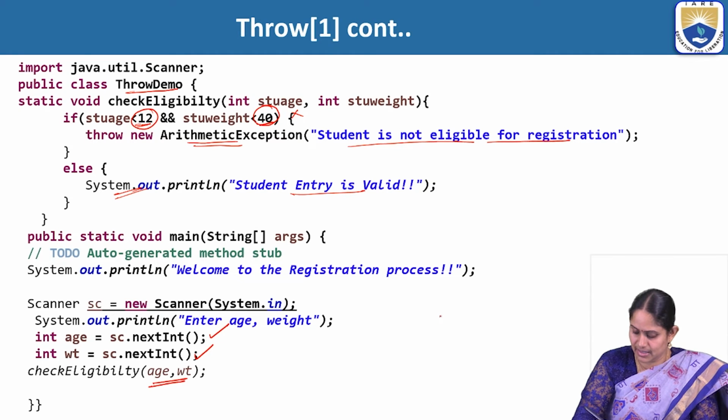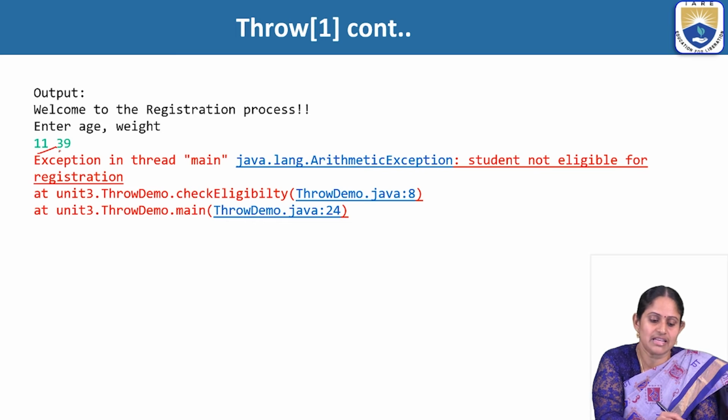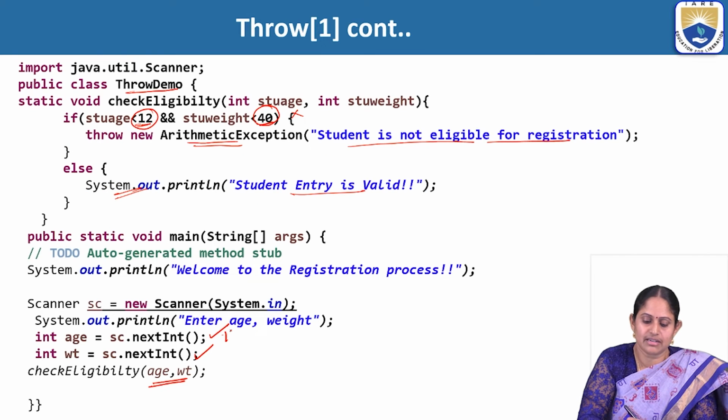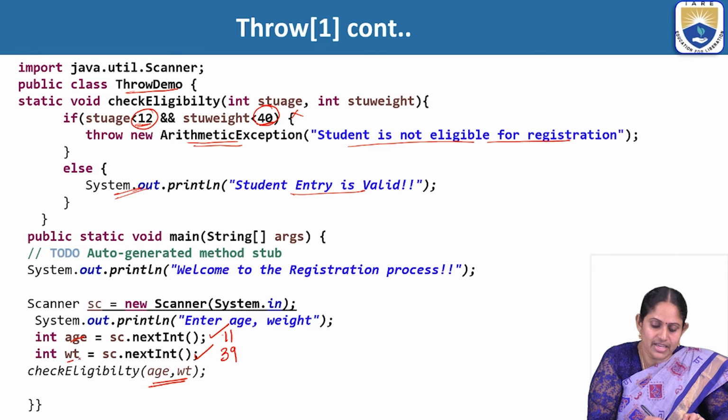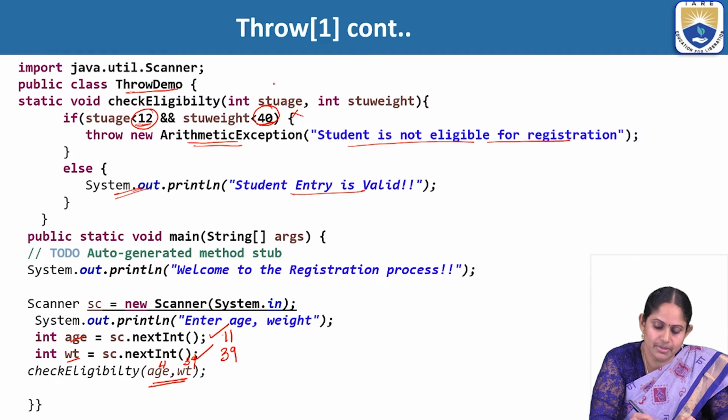Let's say we are taking values 11 and 39. Here we are entering 11 and here we are entering 39. These values, age and weight, are passed to the checkEligibility method. So this will be 11 and this is 39, and these values will be taken into the formal parameters. So age is 11 and weight is 39.